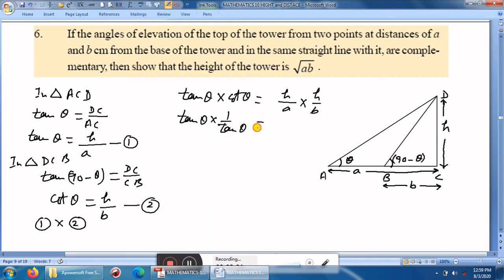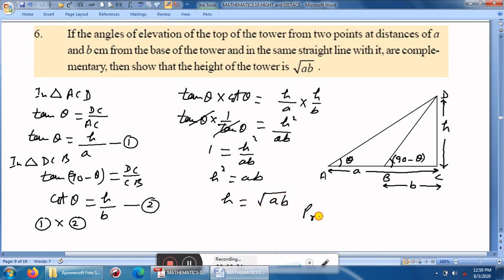So it becomes H square upon AB. Tan theta will be cancelled out. So 1 is equal to h square upon AB. So h square is equal to AB, then h is equal to under root of AB. Hence proved.